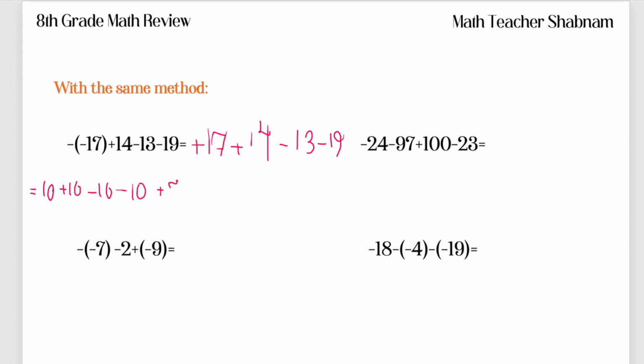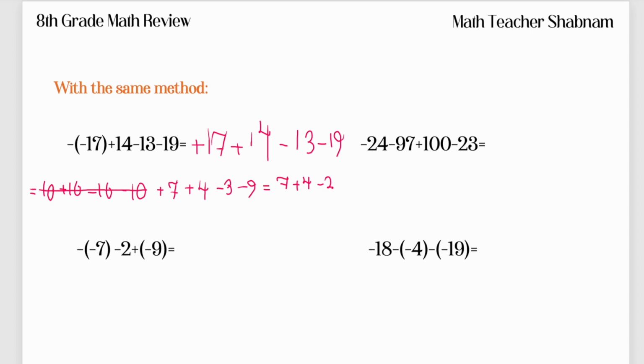How about we move to the ones now? I have a 7, a 4, a negative 3, and a negative 9. Since everything cancels each other out over here, we just have to focus on our ones. How about we do the same thing with it over there? I keep 7 and 4 and change my last two numbers just a tiny bit.